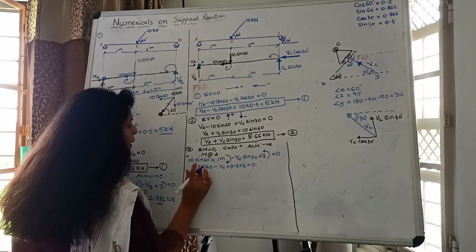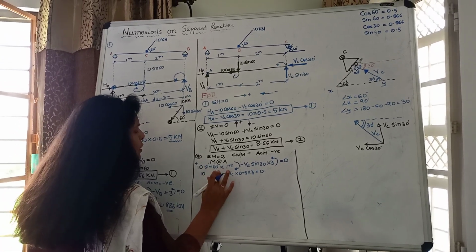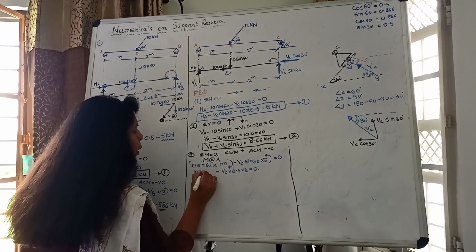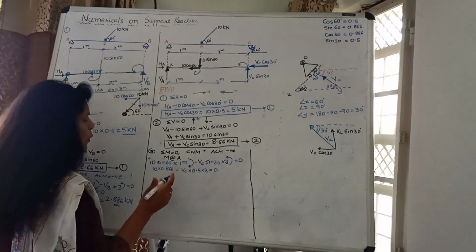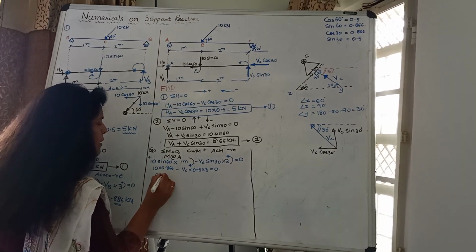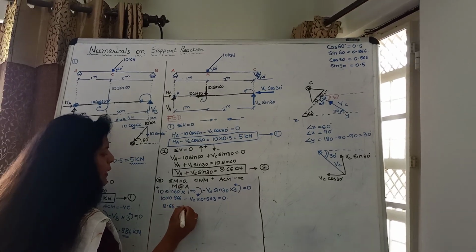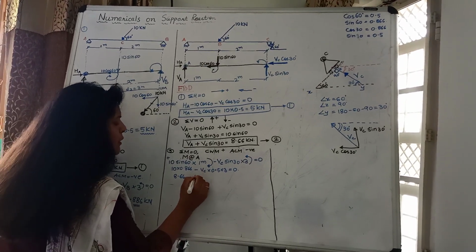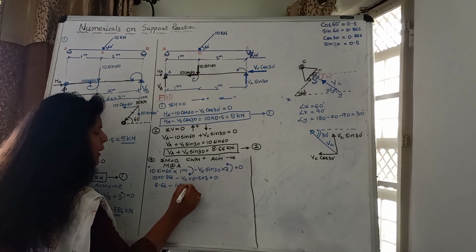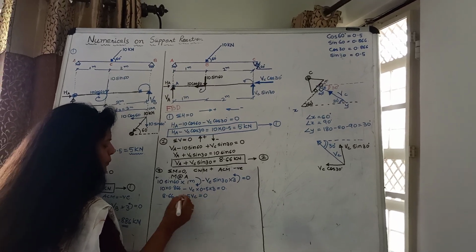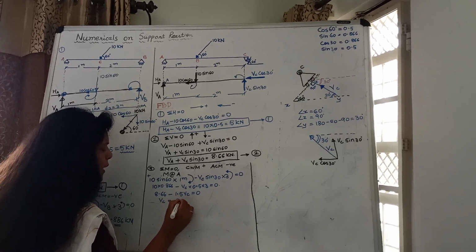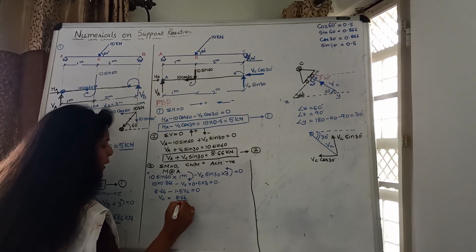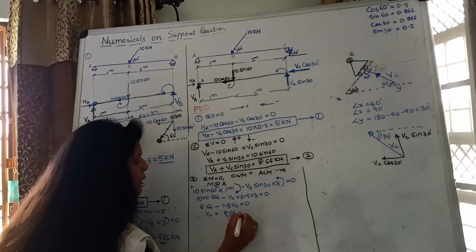What is sin 60? 0.866. So we get 8.66 minus VC into 0.5 into 3, and 3 5s are 15, so 1.5 VC equal to 0. Pulkit, please give me the answer: 8.66 divided by 1.5.